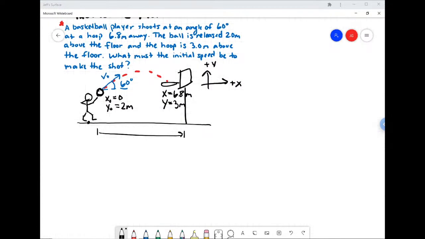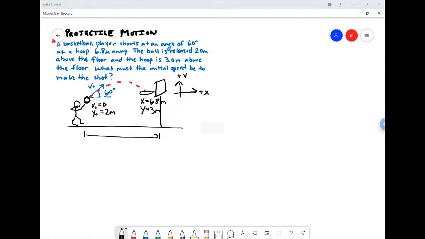So what I'm going to do is make some space on the page to write this stuff down, but separate it in terms of x and y components. So a strategy for projectile motion is break the problem into a horizontal component and a vertical component, and treat it as two separate problems. All right.